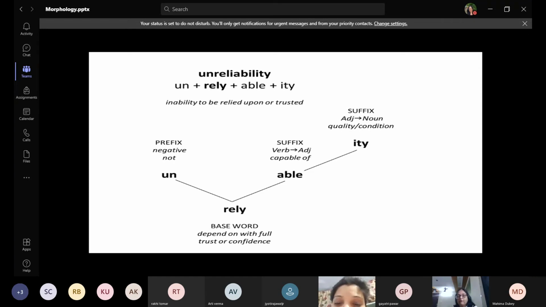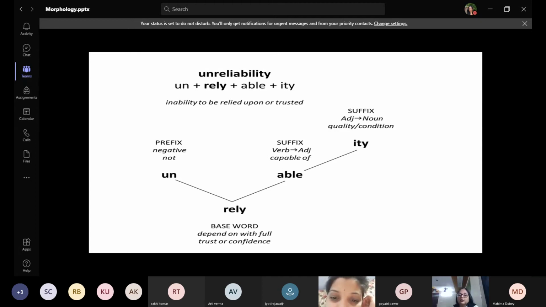She is a reliable person. What kind of person she is? What is her quality? The quality is that she is reliable. Adjectives are qualities that tell the quality of the noun. So I can rely on you. Rely is a verb. You are a reliable person. It tells your quality, so it becomes adjective.